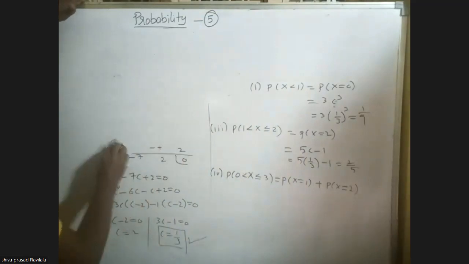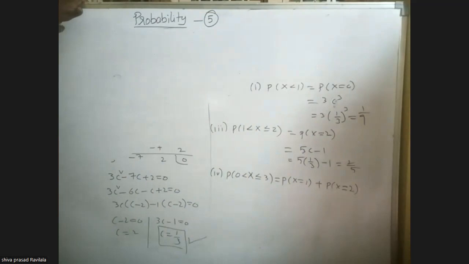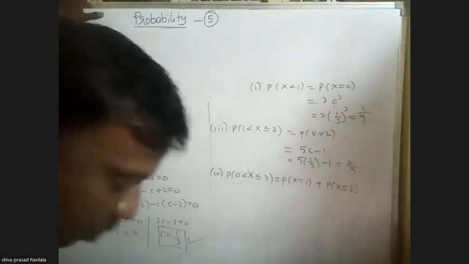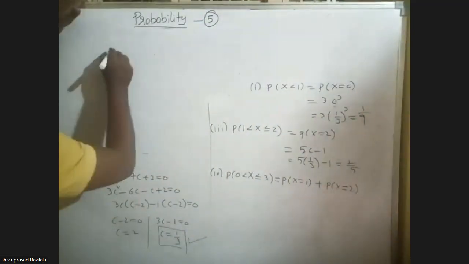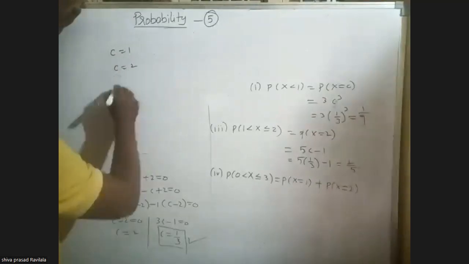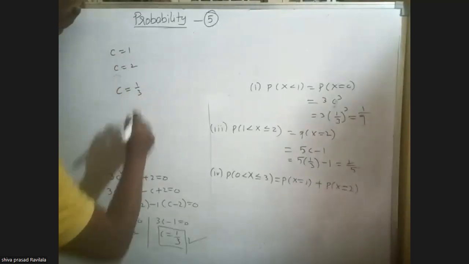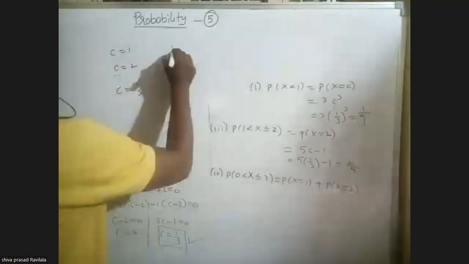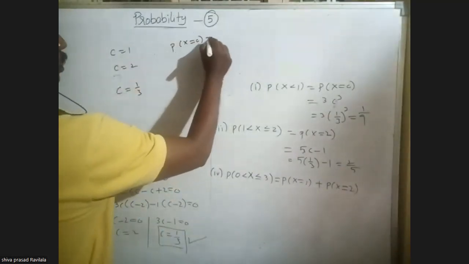Sir, excuse me. We got c is equal to 1 by 3, why did we take only c is equal to 1 by 3, sir? If c is equal to 1 or c is equal to 2, all are answers? What is our question? Probability of x is equal to 0, that value is 3c cube.